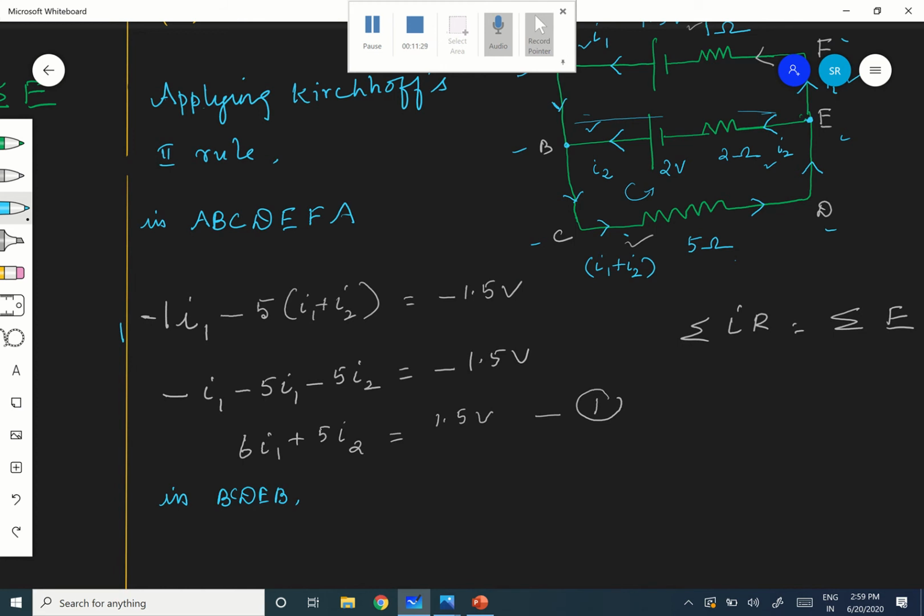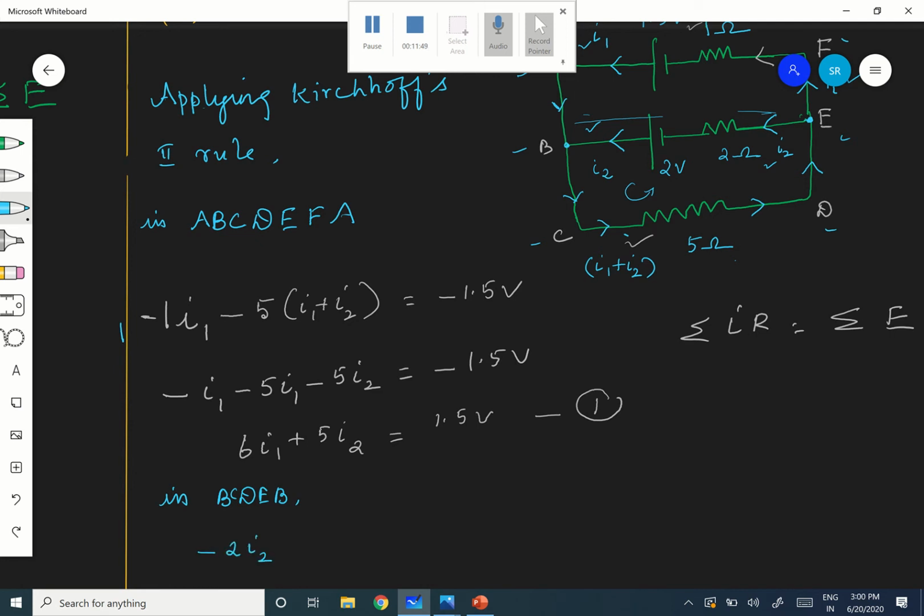Now, for the other current, it is in the anti-clockwise direction, therefore it is negative. Now apply what is there in EB: minus 2I2.